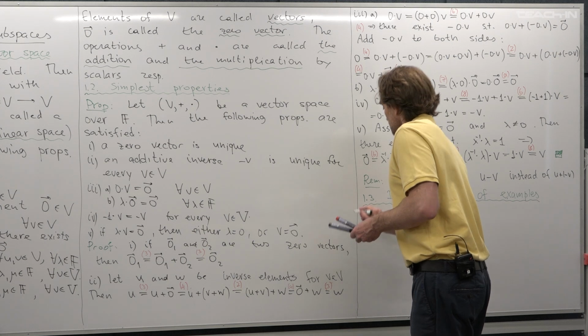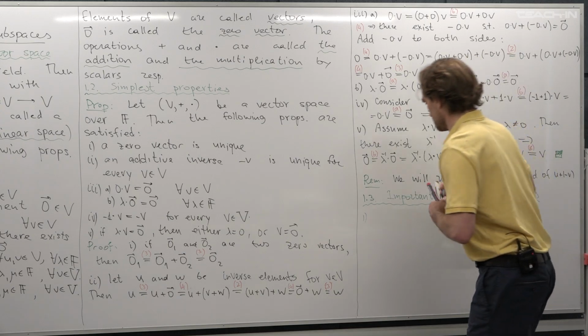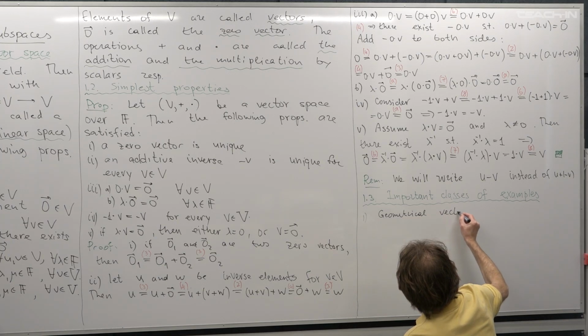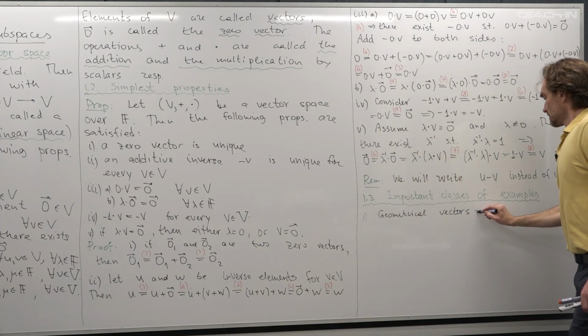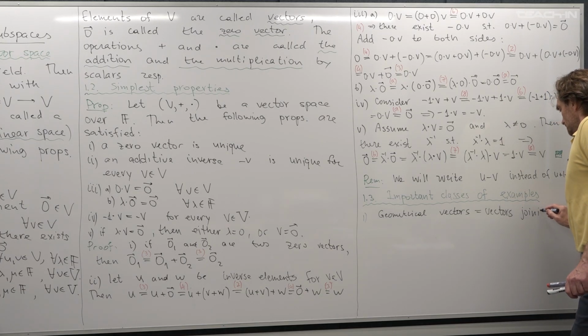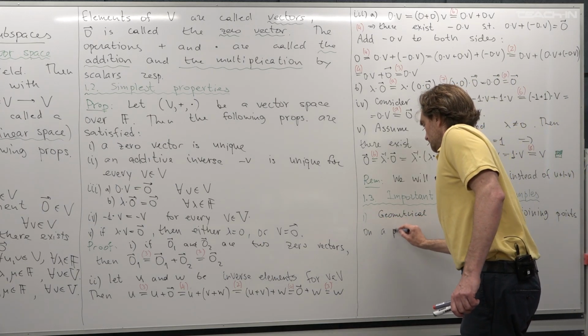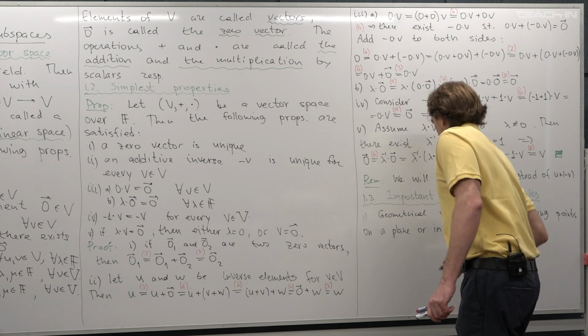Okay, so the first example is just geometrical vectors, or just vectors joining points on a plane or in 3D.